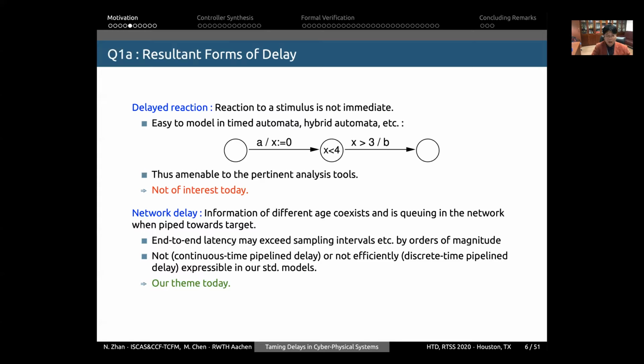Also, unlike the continuous time pipeline delay, such delay is not as efficient as discrete time pipeline delay, and is not expressible in our studied models like timed automata, hybrid automata, and so on. Such kind of delay is considered today.